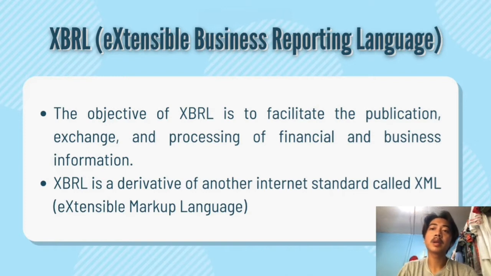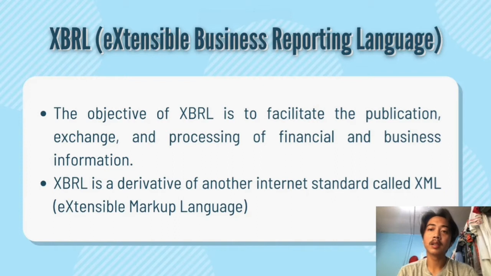With that, XBRL or Extensible Business Reporting Language is made to solve the problem. It is designed for business reporting and information exchange. The main objective of XBRL is to facilitate the publication, exchange, and processing of financial and business information.